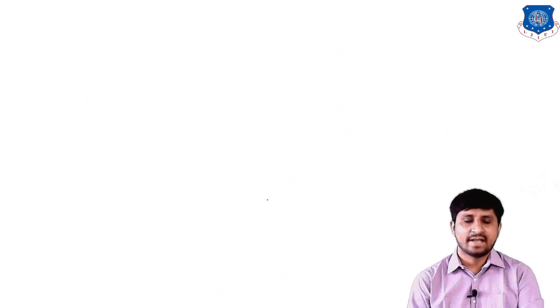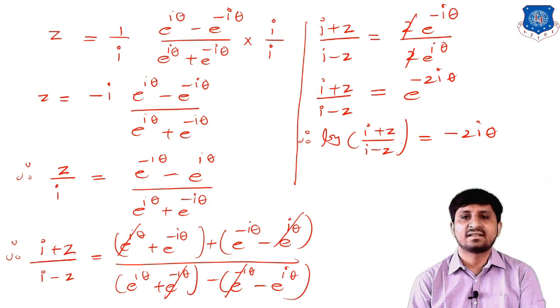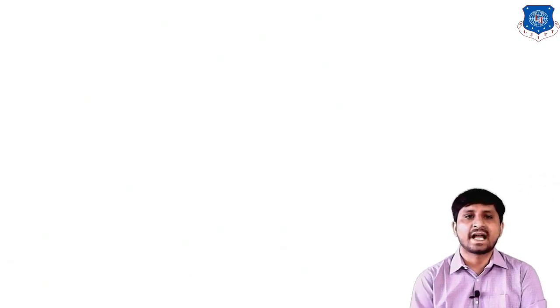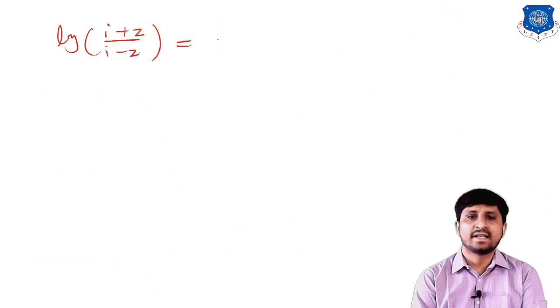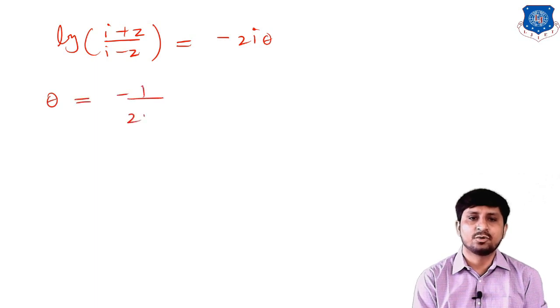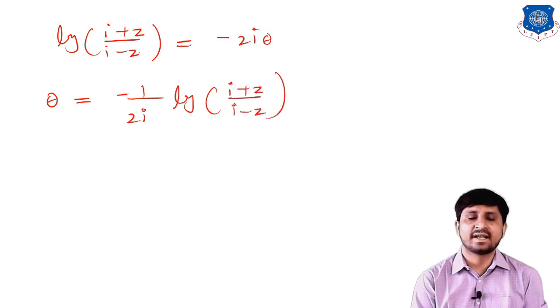Let me write this step once again on the next page so you can easily understand. So log of i plus z upon i minus z is equal to minus 2i theta. So finally we have theta equal to minus 1 upon 2i log of i plus z upon i minus z, and now multiply with i and divide by i.